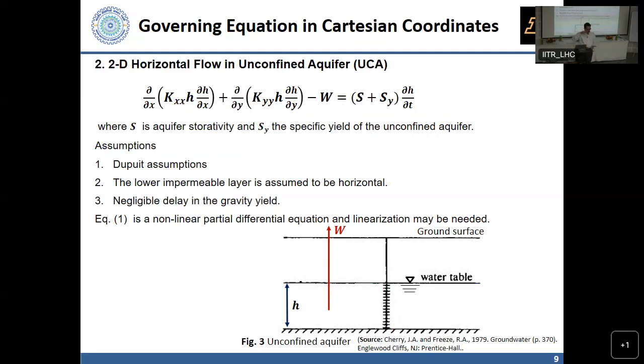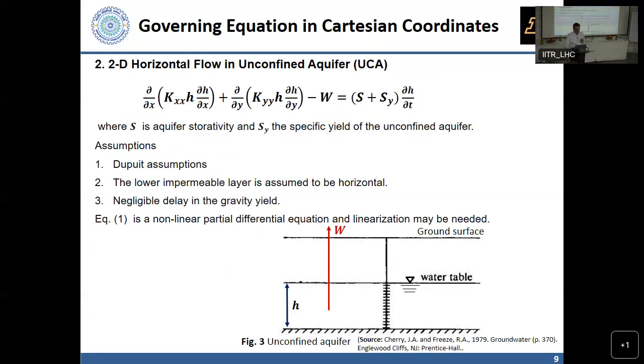Even though for unconfined aquifers we expect most of the water to be coming out of the S sub y portion, that means that portion of the pore space, when the water table was lowered, that water was removed. However, even for unconfined aquifers, under some conditions, there is a certain amount of compressibility effects also.